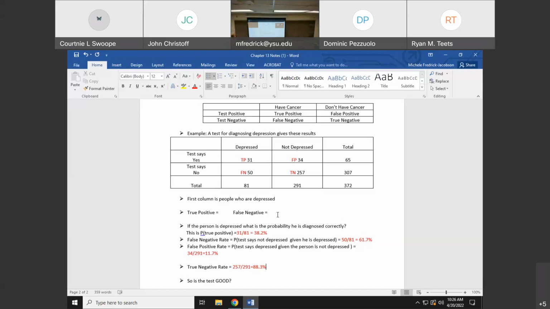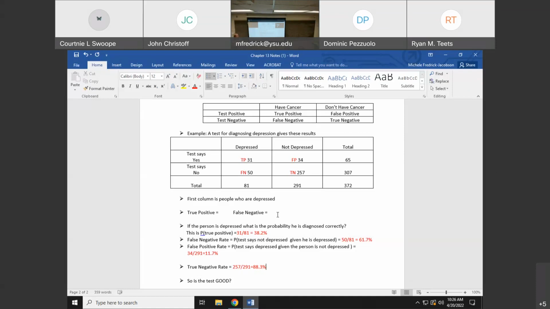Is it a good test? So if we look at people who are depressed, the test was correct 38% of the time. False negative here means they are depressed but the test said they weren't. False negative was 61%, almost 62%. So 62% of the people who go there for help are sent away because they're told they're not depressed.